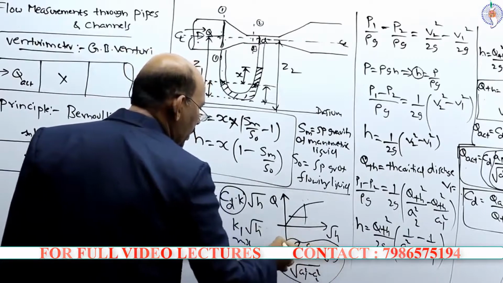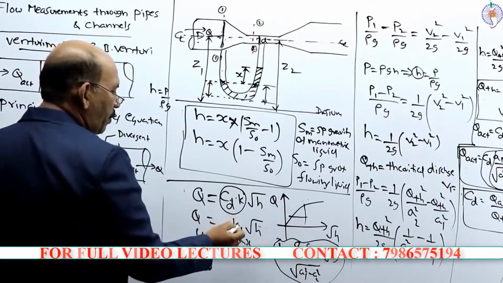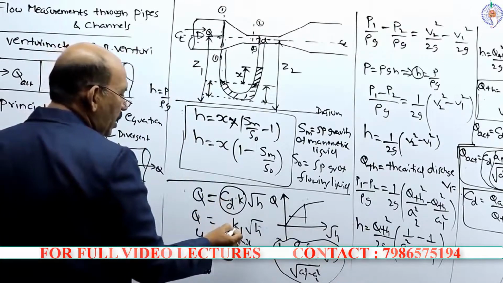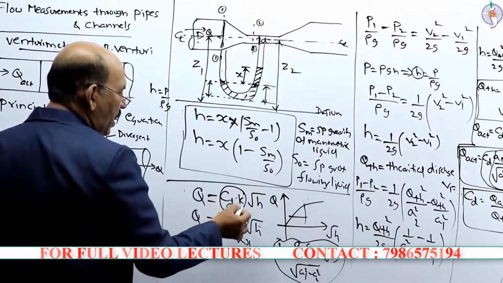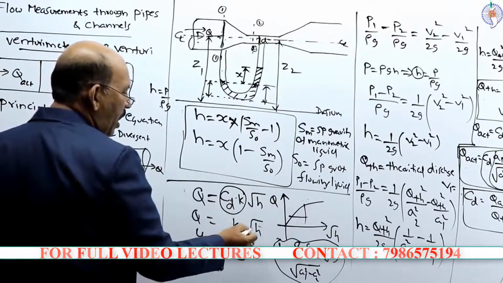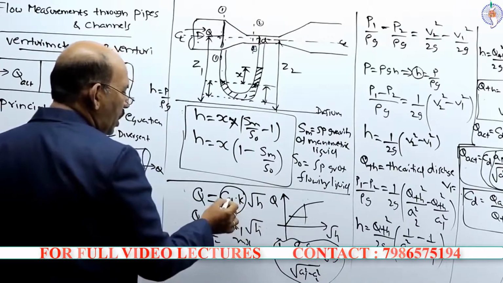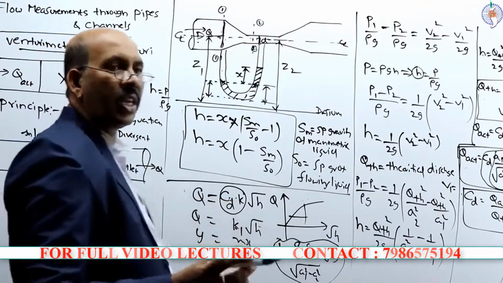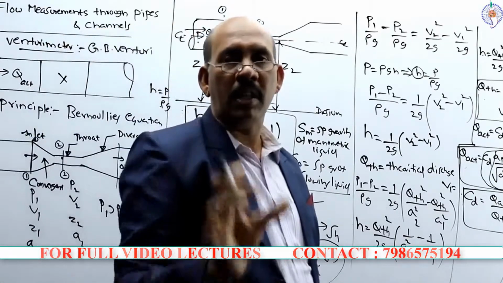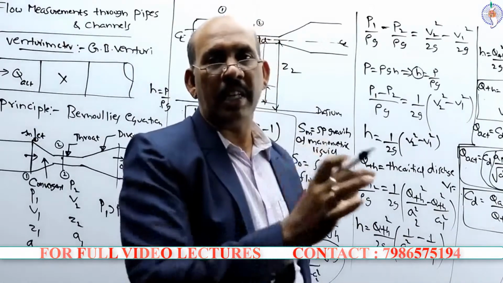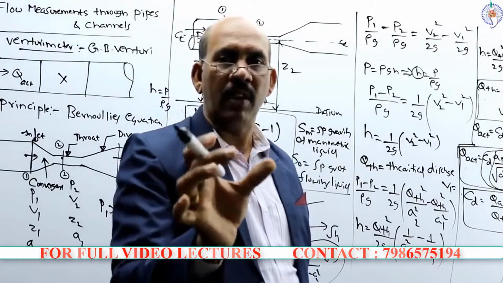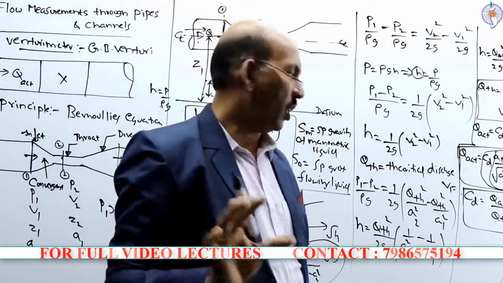This entire term is a constant, so K1 is equal to CD into K, and K is known, and you can calculate the value of the CD. Once you plot this graph, you can get the value of the coefficient of discharge.